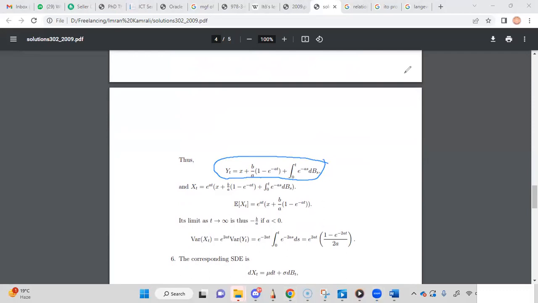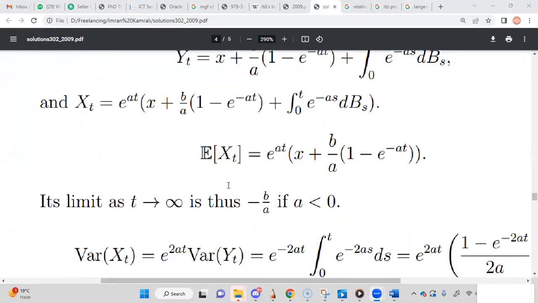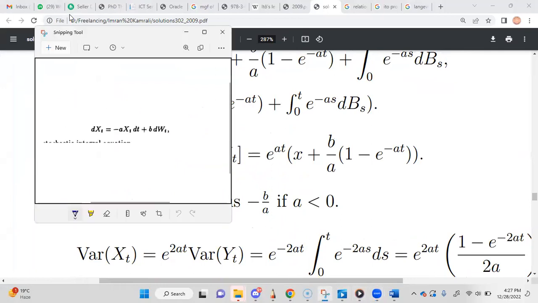Is it the same as the one we have? I'll compare it with the one we have got right now.